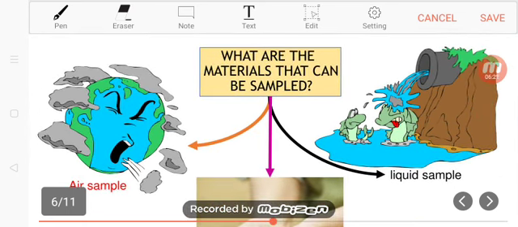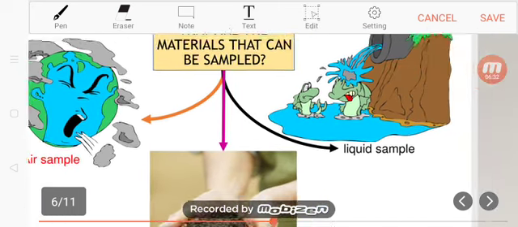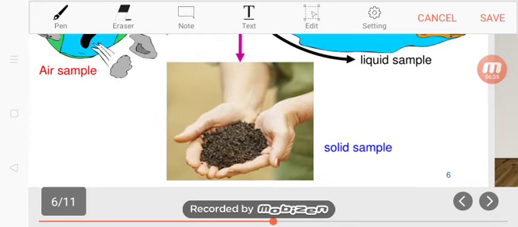So here are the materials that can be sampled. They can be divided into three common types: air sample, liquid sample, and solid sample.